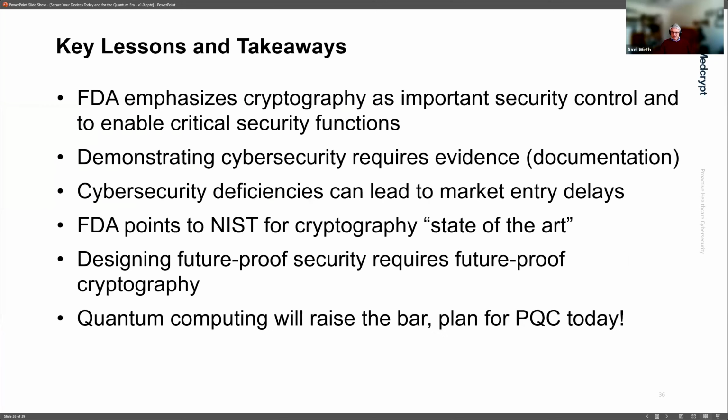So, summarizing our key lessons: FDA emphasizes cryptography as an important security control, and it is an enabler of critical security functions, including post-market management and patchability. Obviously, demonstrating that your device is cybersecure requires evidence, meaning documentation, SBOM, CBOM, testing, traceability, your post-market risk management plan, all of these things.